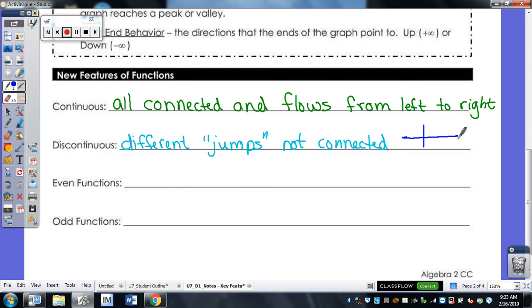Like for example, piecewise functions, which takes different pieces of graphs. So if you have a linear piece here and then a curve over there, this graph would be discontinuous because the 2 pieces aren't connected together. You've got this little section over here and then a little jump over to that section over there. So that would be a discontinuous graph, not all connected.